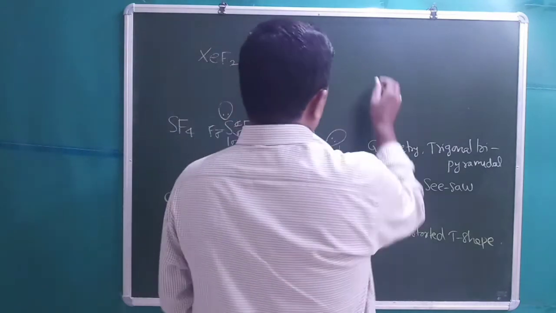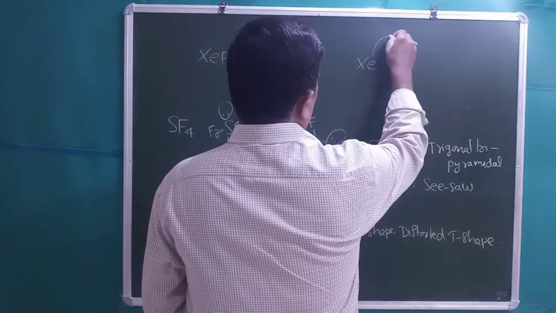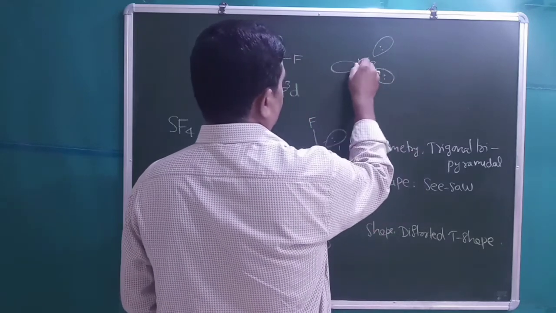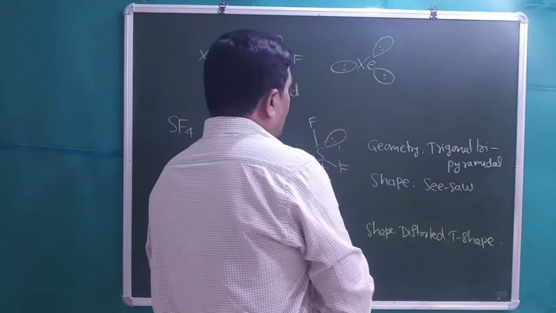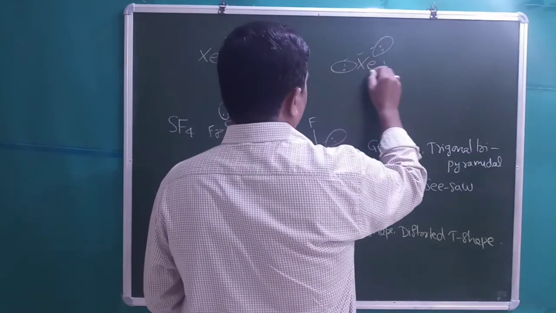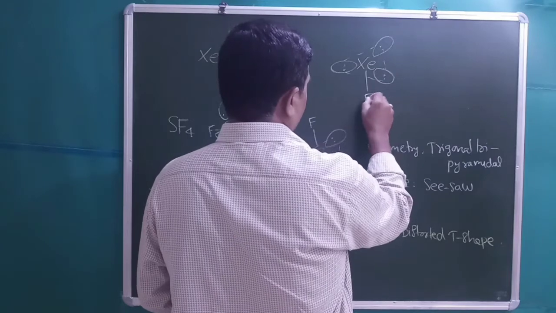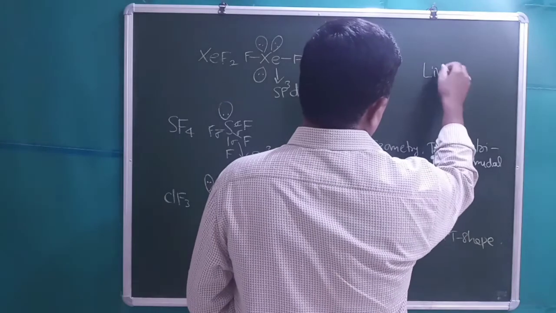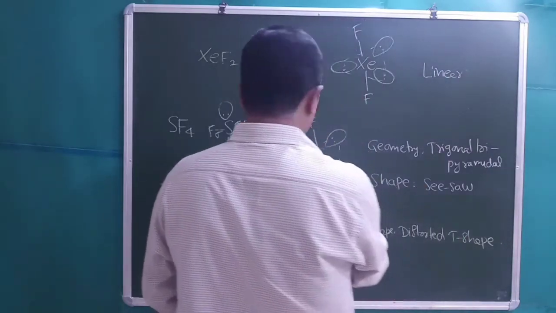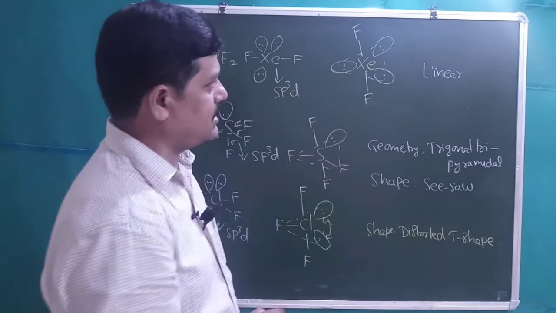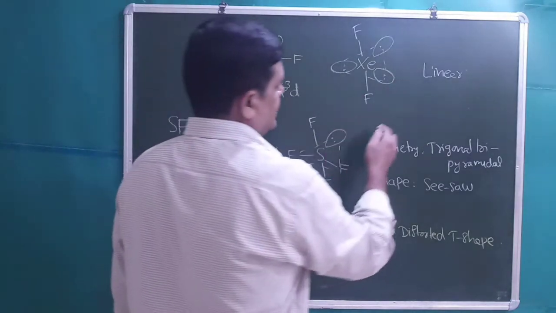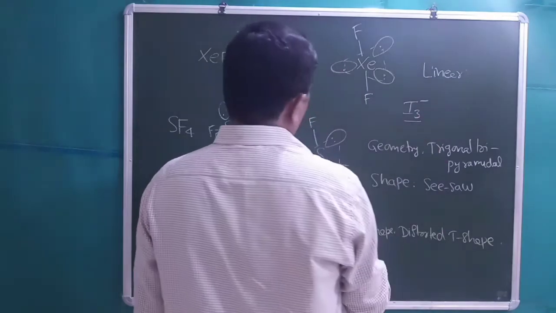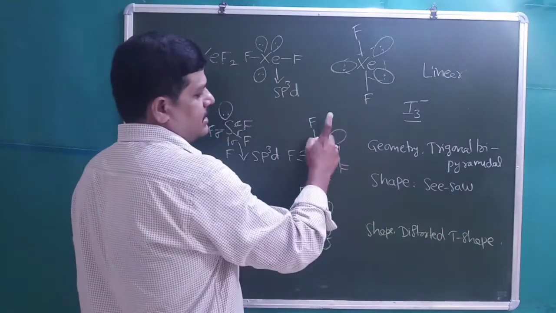According to Bent's rule, the lone pairs of electrons are accommodated in the equatorial position like this, and 2 fluorine atoms are present in the axial position. Then the shape of the molecule is linear; the geometry is the same in all sp3d hybridization cases. One more example of this type is I3 minus, also having sp3d hybridization with a linear shape.